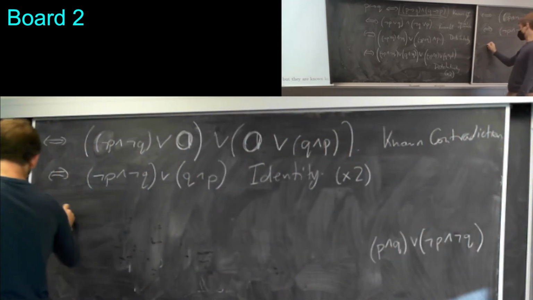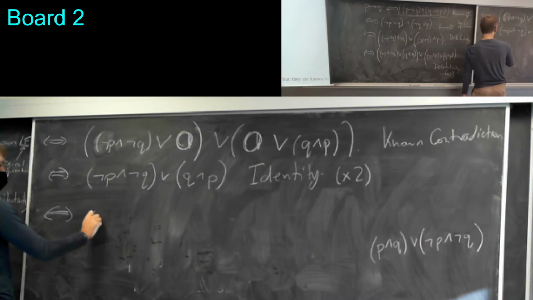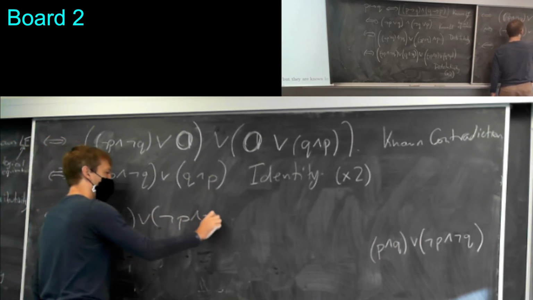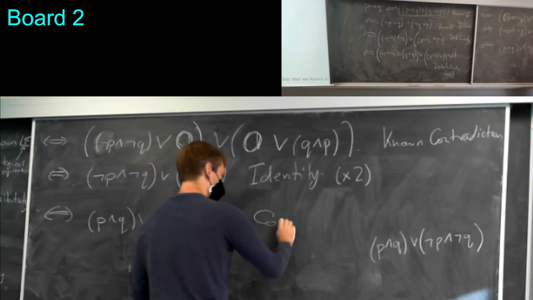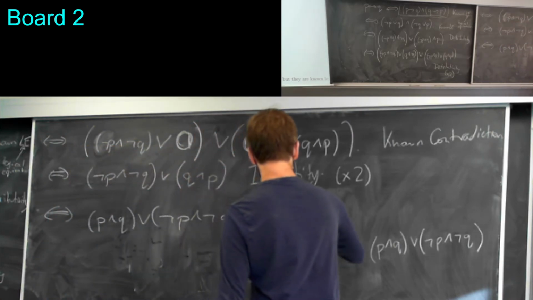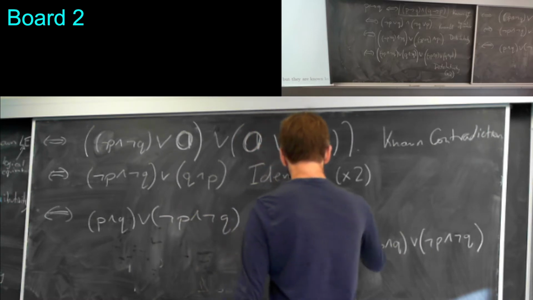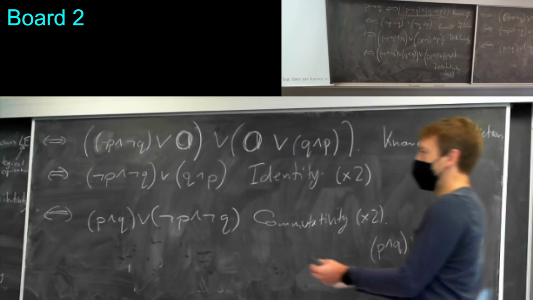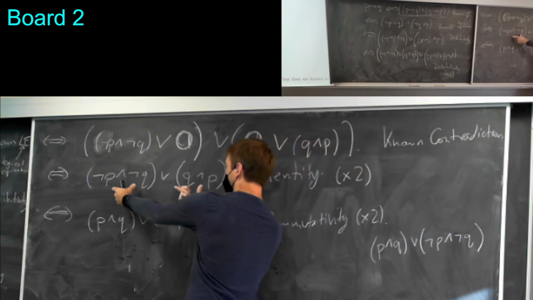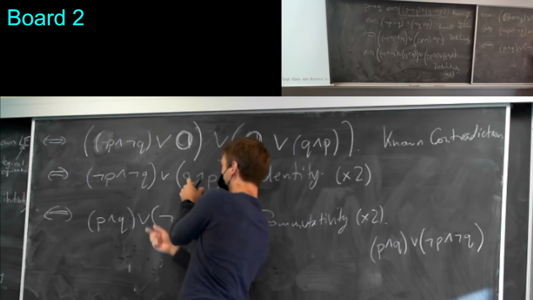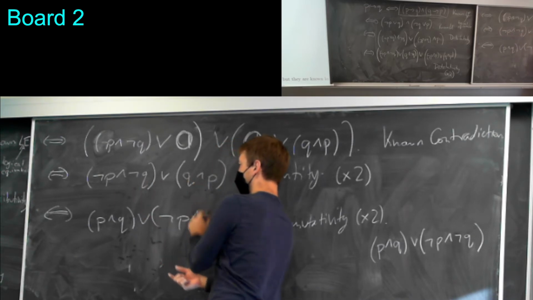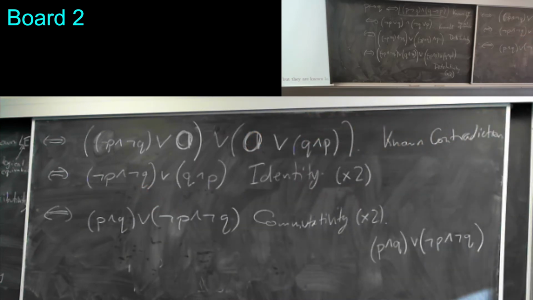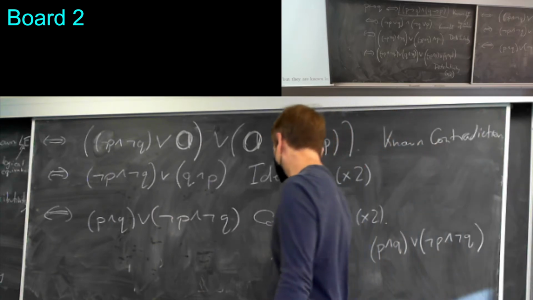So I can use commutativity to write this as P and Q, or not P and not Q. But I would say I'm applying commutativity twice. So I apply it to switch the order of these, and then to switch the order of this one. This one was already in the right order, so it's fine. And yeah, that completes the proof.